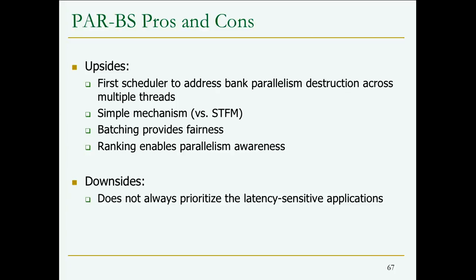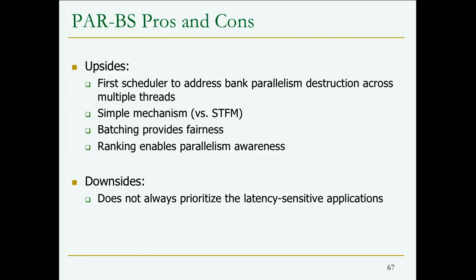The downside is that it doesn't always prioritize the latency-sensitive applications. Meaning they may not be memory-intensive applications, right? As I said, this batching inherently penalizes not-so-memory-intensive applications, because you're batching, you're not really taking into account this core that's generating a request, and that's the only request that's outside the batch.